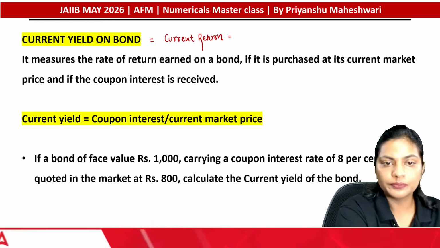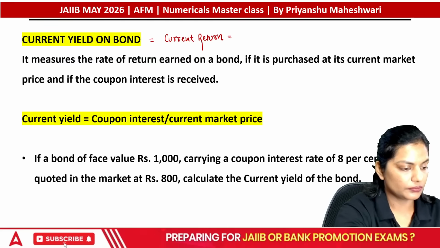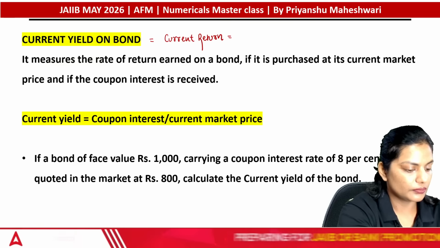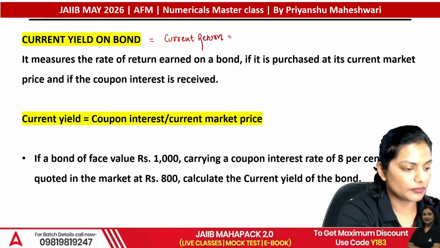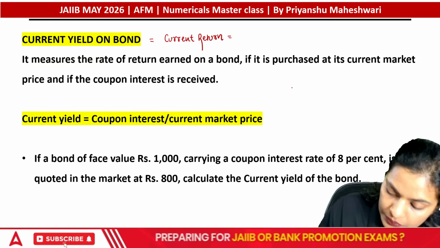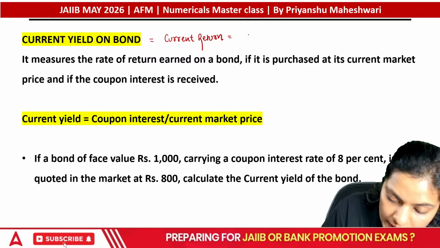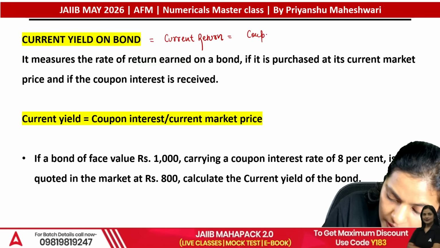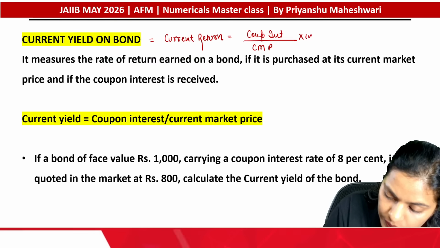That is easy. So, current return or current yield is equal to coupon interest upon current market price into 100.